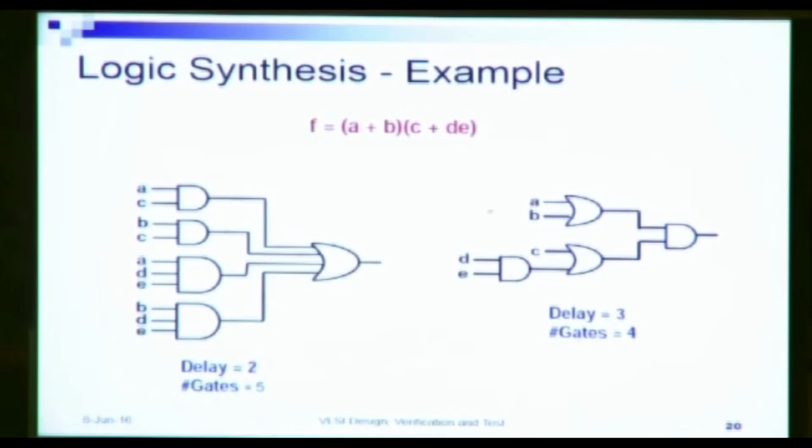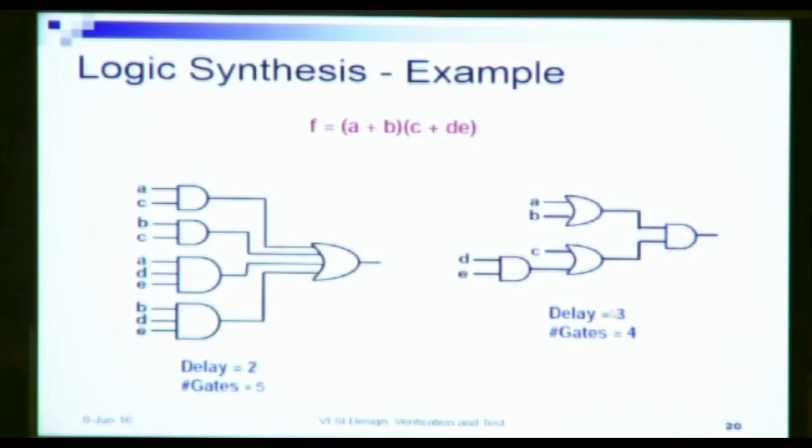In the form that we have here, we have a direct transformation of this. For a and b we have an OR gate, and for de we have an AND gate. The output then passes through c, and with the output of de we have this OR gate, and finally we have the output at this AND gate.